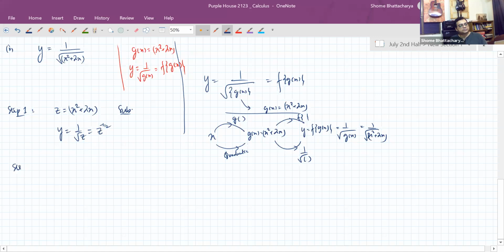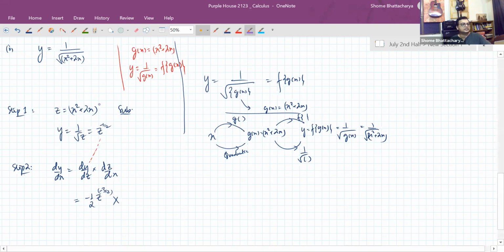Now your second step, chain rule. I will show you how we can actually save a bit of time here. We can now directly do this in differentiation. You can see that this is your function of z. So dy by dz is the differentiation of z to the power minus half, which is minus half into z to the power minus 3 by 2, into dz by dx.